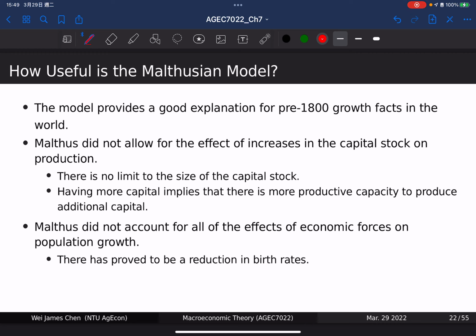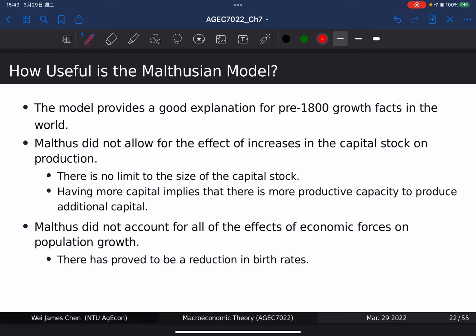Back when I was in elementary school, I'm not sure about your parents, but a lot of my classmates' parents, one of the parents, mostly the mother, usually worked at home and took care of the kids, usually more than one kid. But as the economy grows, the opportunity cost for the mother not to work outside becomes larger and larger.